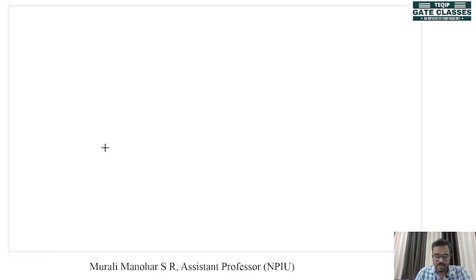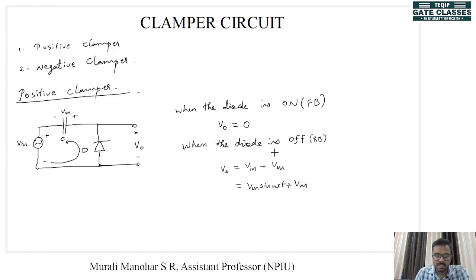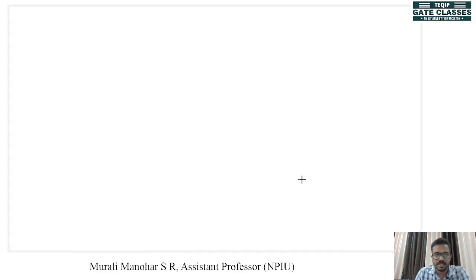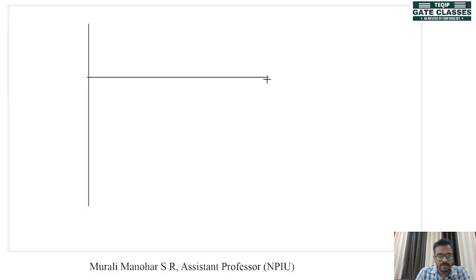Okay. So now our output is this case. Now the diode is never getting turned on. So our output is Vout equal to Vm sin omega t plus Vm. So if we draw the output waveform, it will look like this.